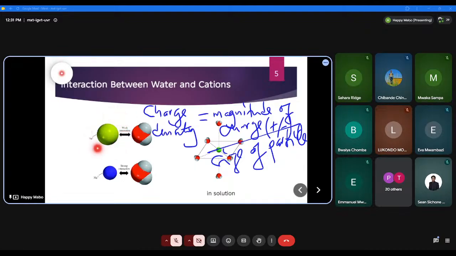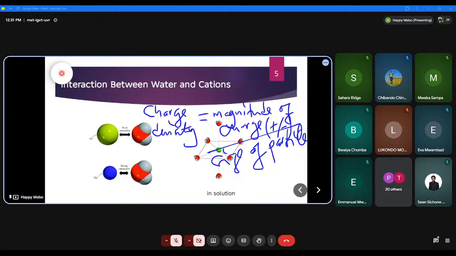There's some effect coming from the nucleus, but the remaining electrons would still try to resist that pull to some extent, and therefore the remaining structure will not contract as much.